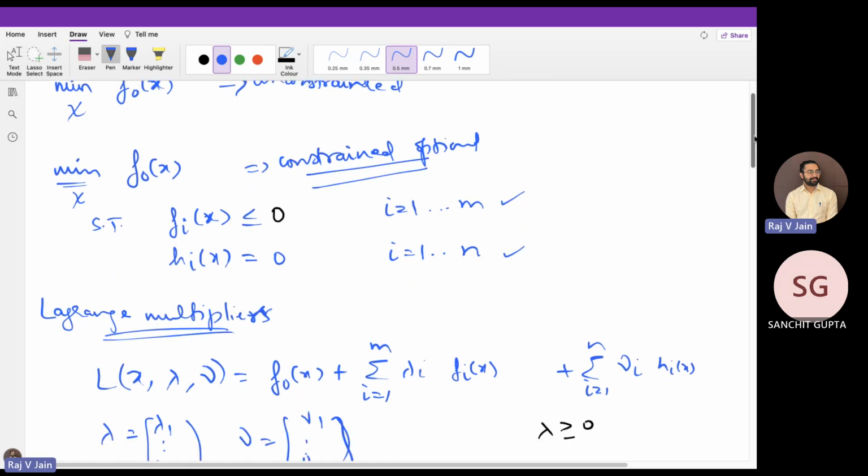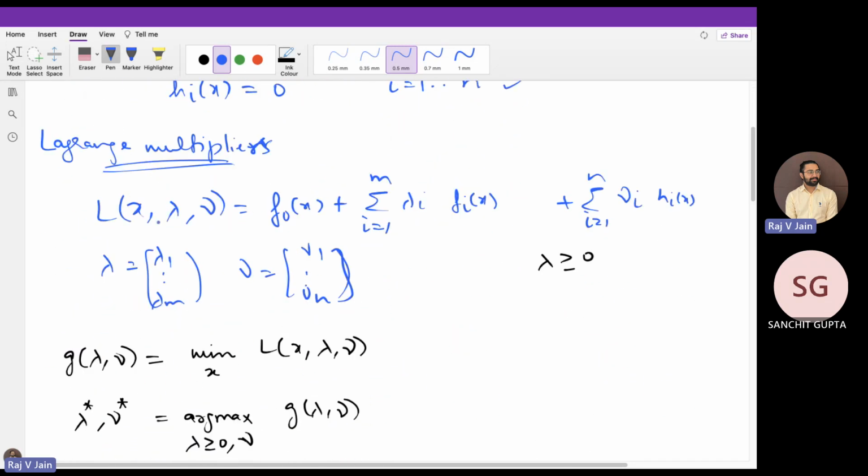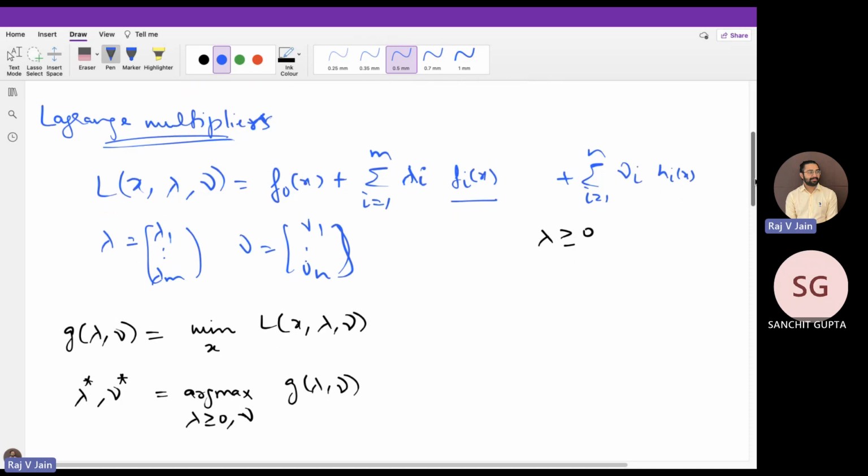So now the idea of Lagrange multipliers is that you build something called a Lagrange function, which is of this form where you have f naught of x, some lambda multipliers which multiply this function fi of x, and nu i for hi of x, right? And this lambda is now a vector of all the lambda 1 to lambda m, and nu is basically a vector of nu 1 to nu n.